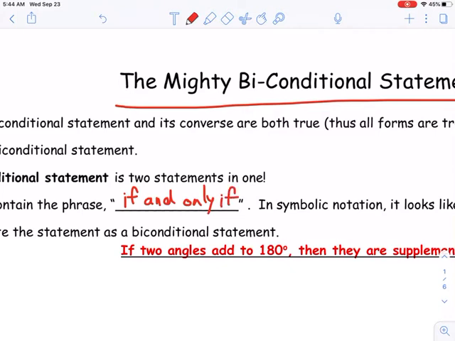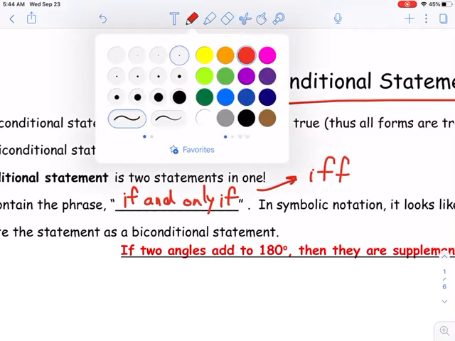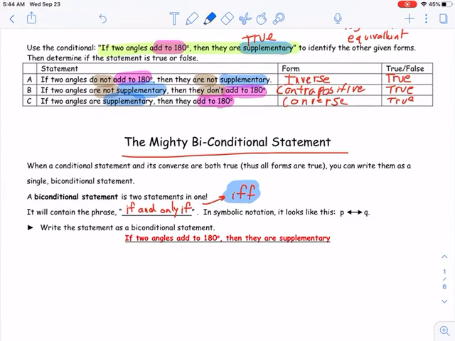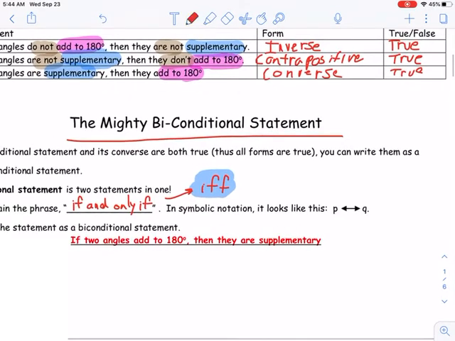So it's kind of a dead giveaway because it's the only statement you'll see with if and only if. And you're allowed to write this too, IFF. Us math people, we hate writing, so any way we can shorten it, we will. IFF means if and only if. Or in some symbolic notations, what you're allowed to write too is P double arrow Q. That means if and only if as well, the double arrow.